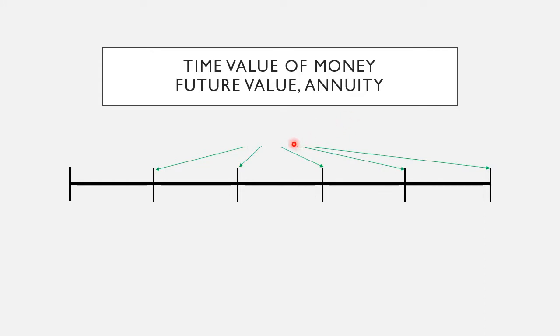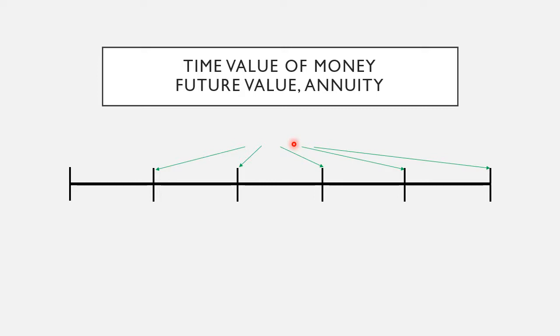Okay, so in the 2 previous slides we talked about how to compute the present value of a sum certain in the future, and also the opposite, computing the future value of a sum certain that you know today.